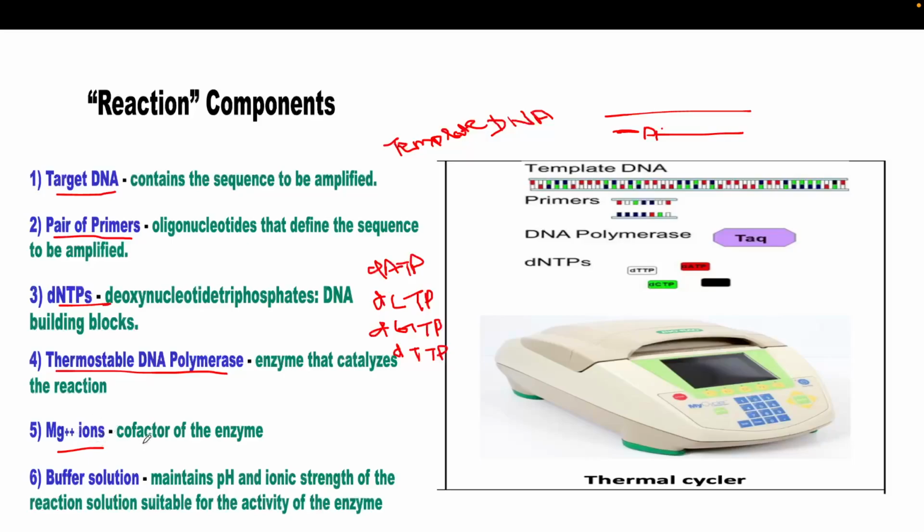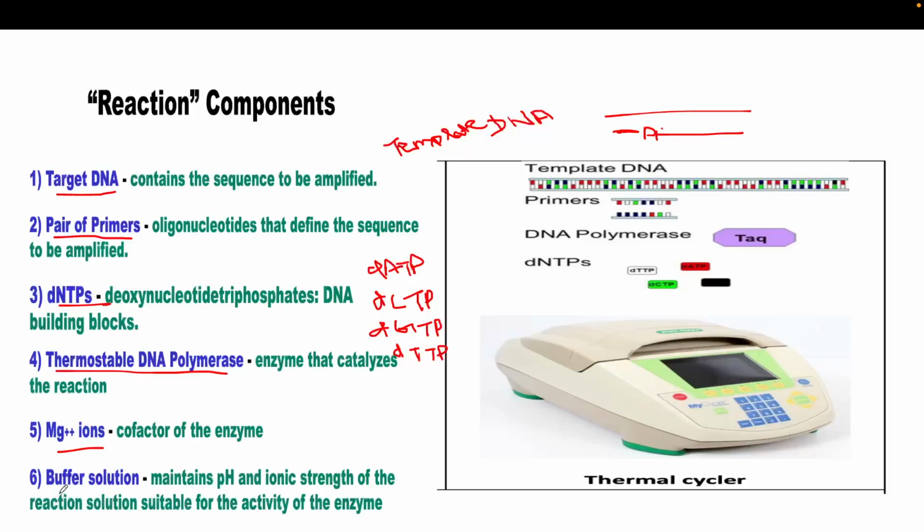This magnesium ion works as a cofactor for this particular enzyme. Okay, so as we know that every enzyme gives a certain kind of basal activity, and when we add the cofactor for this enzyme, it will enhance the activity of the particular enzyme. Okay, so for that purpose we are adding the magnesium ion.